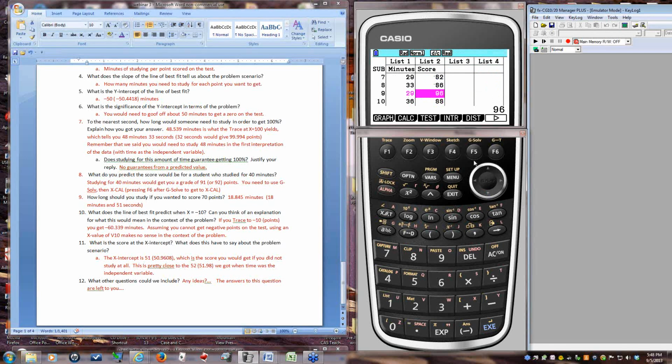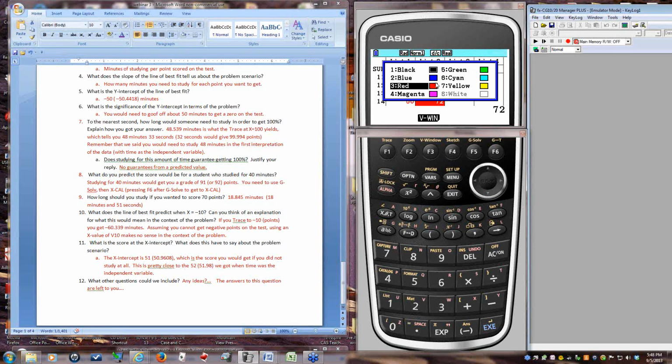I changed that to magenta for that ordered pair, and I changed the 50, 72 to red. Actually, I tried some of the other colors, but I didn't like them. Let's just go back in and go to format, so it's Shift 5. I thought that the red and the magenta showed up best. Blue got a little bit hidden.